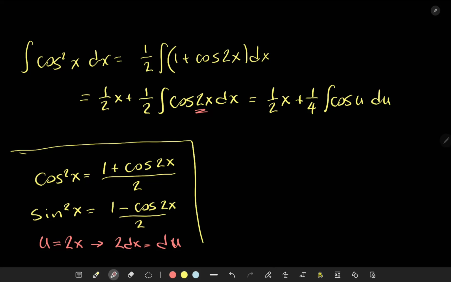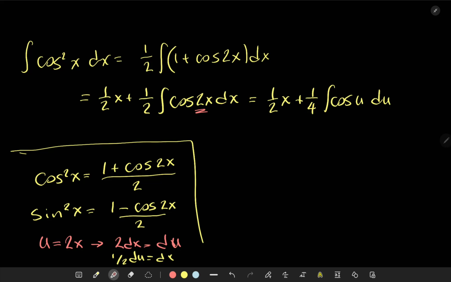Let's go to the highlighter. My du, I'm going to write it first. I'm going to write the 1/2. Let's write it in line because I cannot fit it. So 1/2 of du is dx.